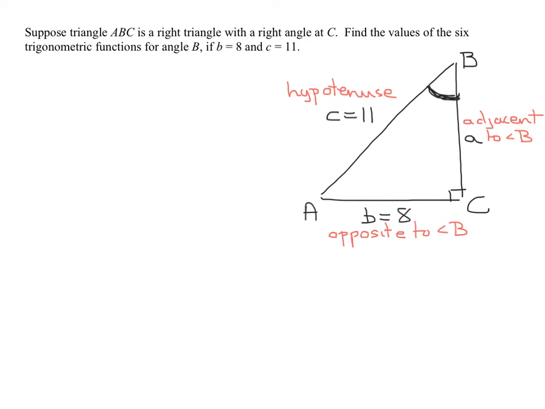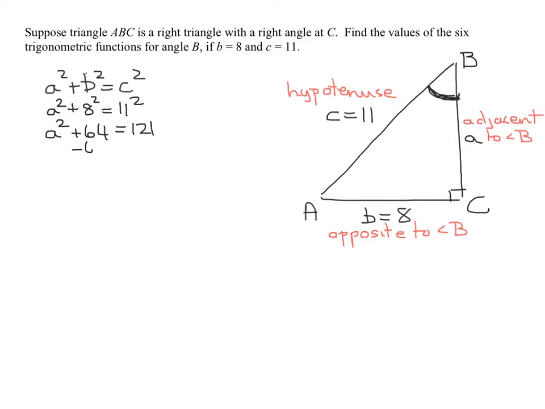Since I have a right triangle, I'm going to use Pythagoras. And remember, that's a squared plus b squared equals c squared. It's important that the one squared by itself has to be the largest side, which is the hypotenuse. I don't know what a is, so a squared plus 8 squared is c squared, which is 11 squared. So I have a squared plus 64 is 121.